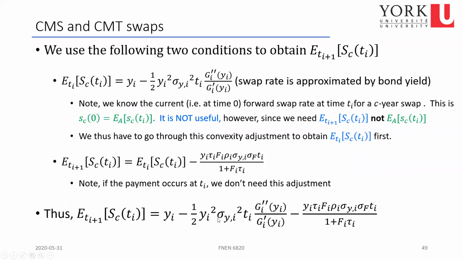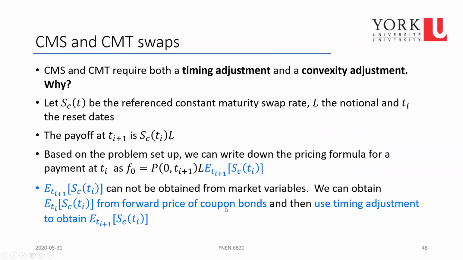Okay, so here for each of that payment at the reset, you have to go through this, and then you add them together. They give you the value for one side of the payment of the swap.